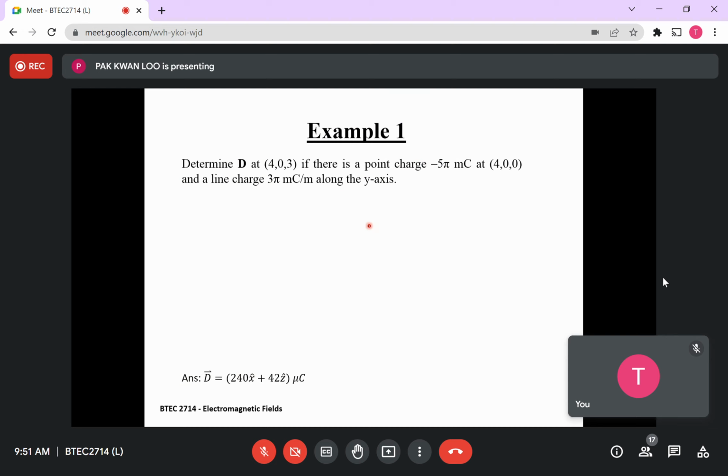So let's try one example here, and then we will continue next week. Determine D at this point.